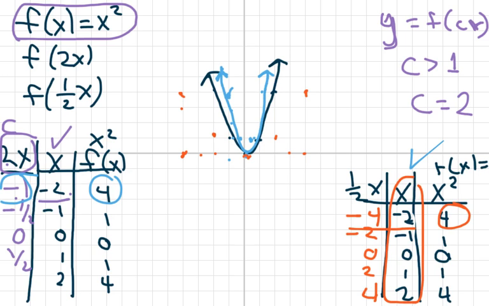And of course 0 goes to 0. This is called a horizontal compression. You will use this in pre-cal when you learn more about trig functions. And this will be very helpful. Then we'll do more of this in pre-cal.